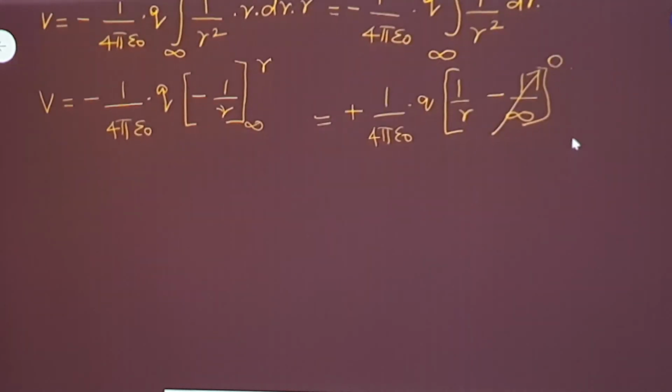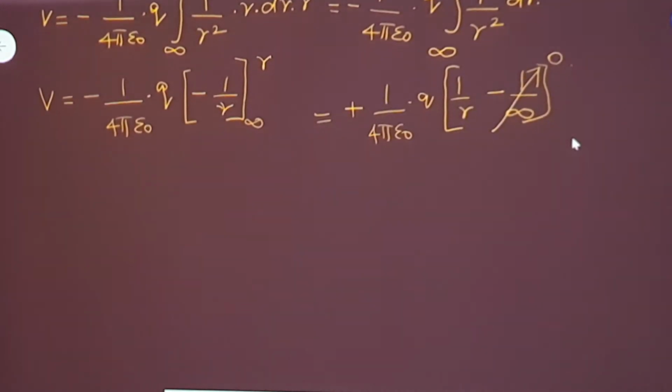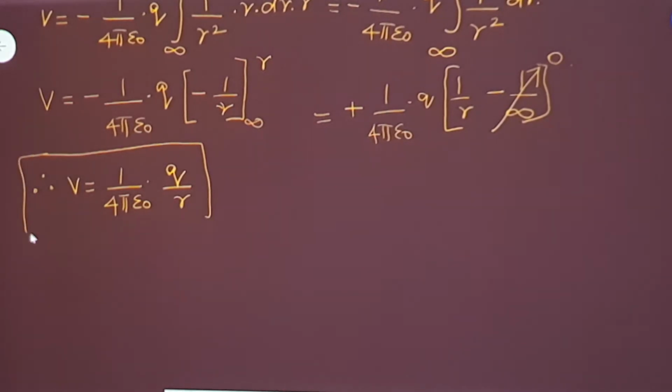So I can get the result. What is the result then? The result that I get is, therefore, the potential V is equal to 1 divided by 4 pi epsilon 0 into q divided by r. This we are calling the expression for electrical potential at a point due to a point charge, measured in an unit called volt.